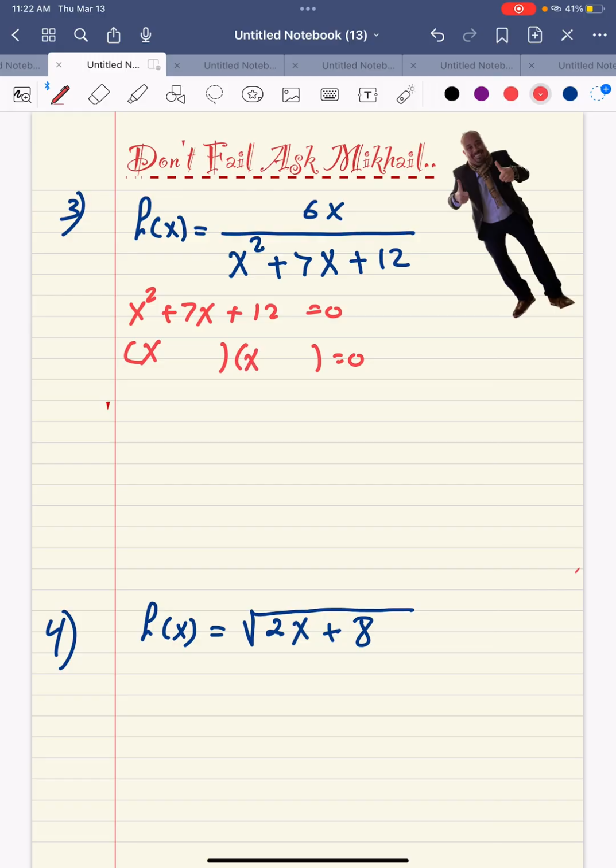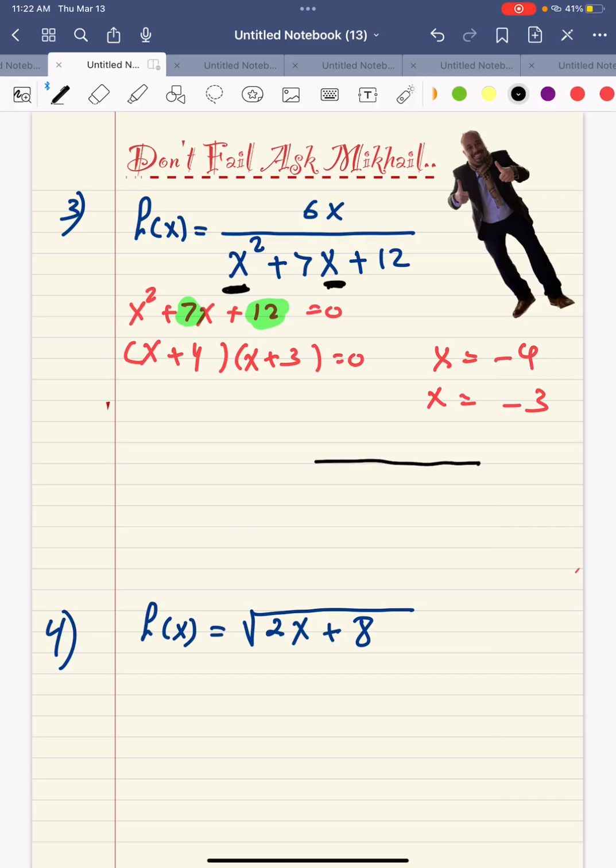You look for two numbers that multiply to give you 12 and add up to 7, which is exactly positive 4 and positive 3. That means x will be equal, opposite signs, either negative 4 or negative 3. That means if you put negative 4 for x, you're going to get a 0, or negative 3, you're also going to get a 0.